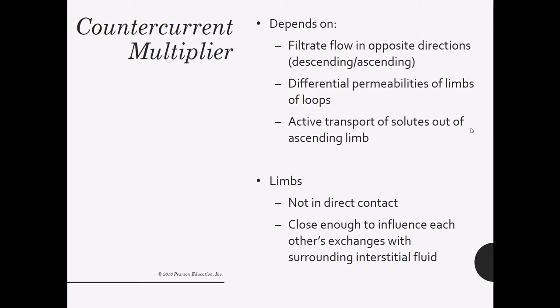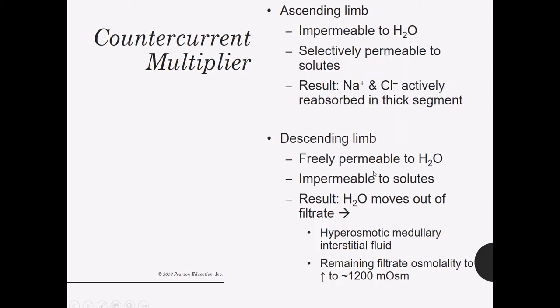Keep in mind that the two limbs of the loop of Henle are not in direct contact with each other. They're not touching, but they're close enough that as the ascending limb does one thing, it can influence how the descending limb does another, and how both of them exchange water and solutes with the surrounding interstitial fluid. So they have different permeabilities.